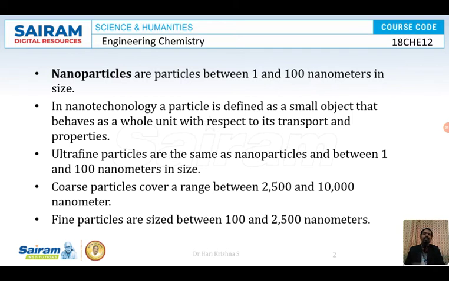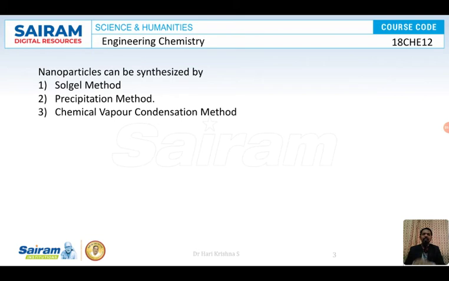As discussed, nanoparticles are 1 to 100 nanometers in size. In nanotechnology, a particle is defined as a very small and fine object. Coarse particles cover a range between 2500 and 10,000 nanometers, and fine particles range between 100 and 2500 nanometers. Nanoparticles can be synthesized by the sol-gel method, precipitation method, and chemical vapor condensation method.